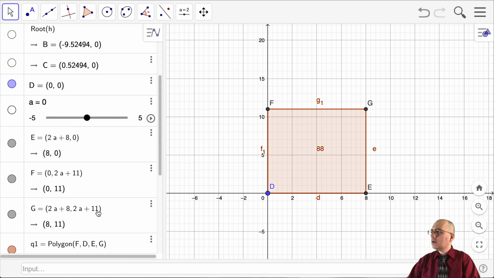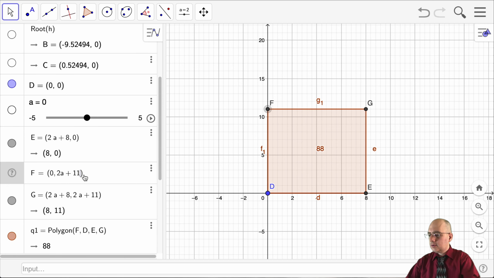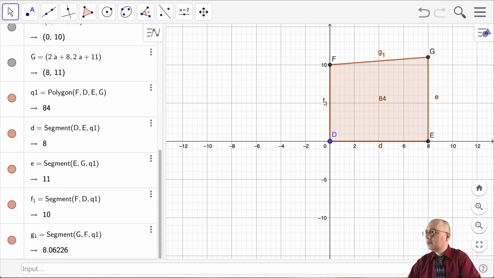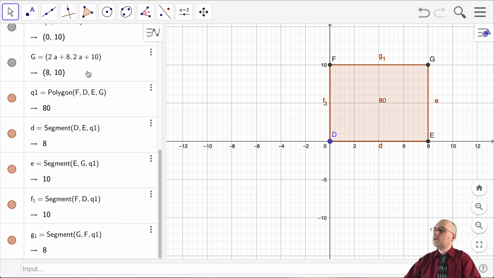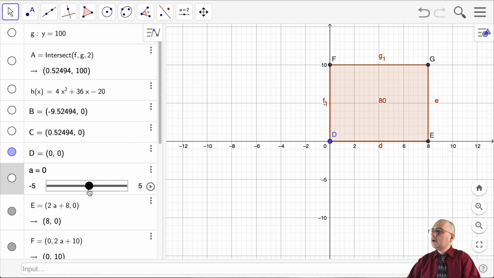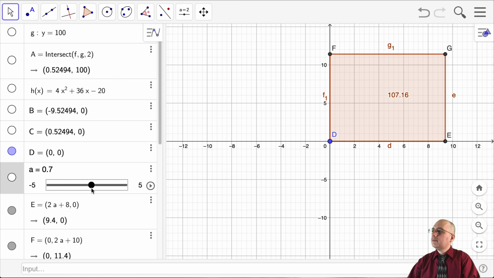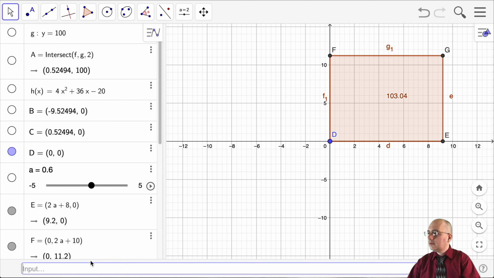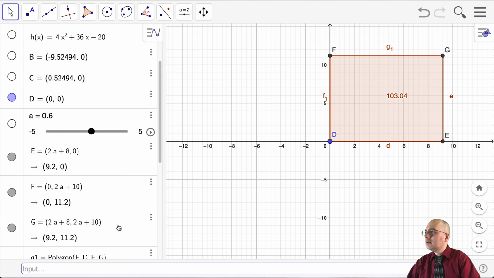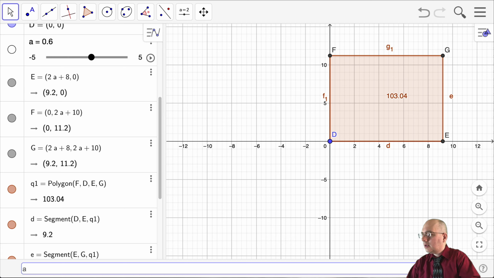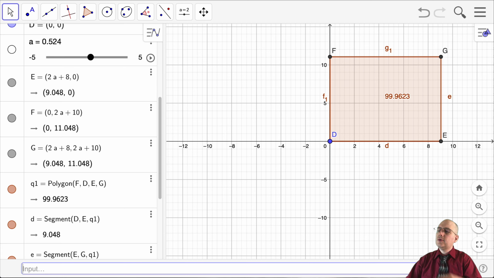Oh, sorry. I switched to 8 by 11. Huh. Sorry, I've had that in my mind at times. That works. And now we can do a equals 0.524. There we go. So you can see that gets close.